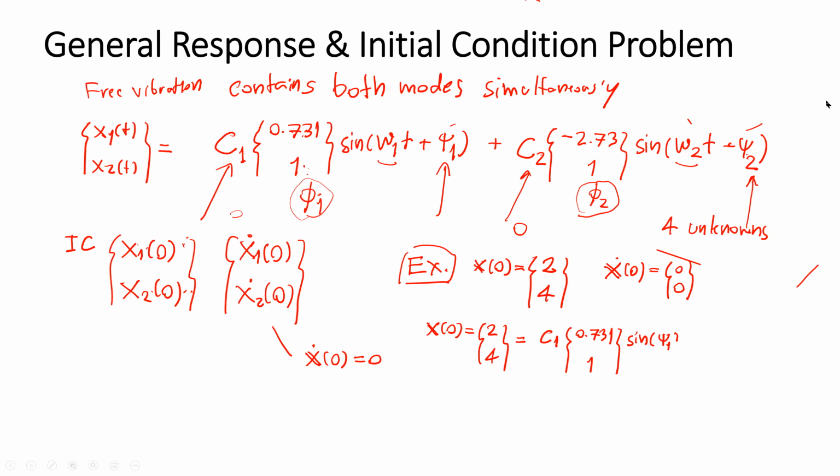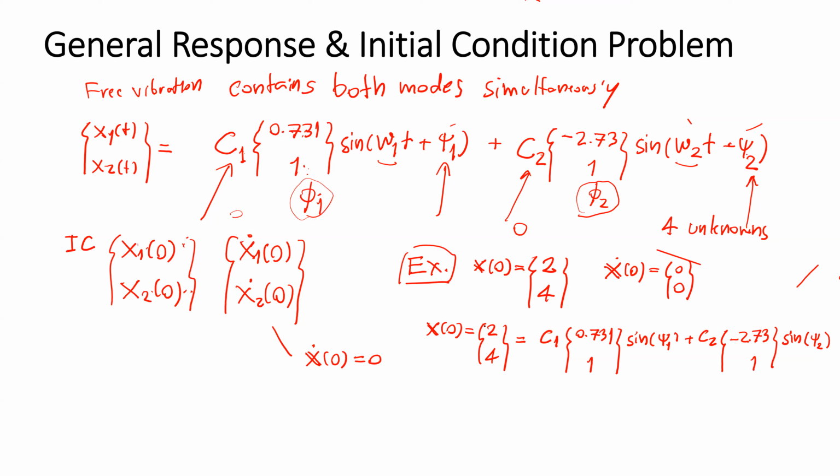And for the second term, we will have the magnitude ratio, and also when t is equal to 0, omega t is 0, so we will have only the phase shift. From this, we have two equations, right?